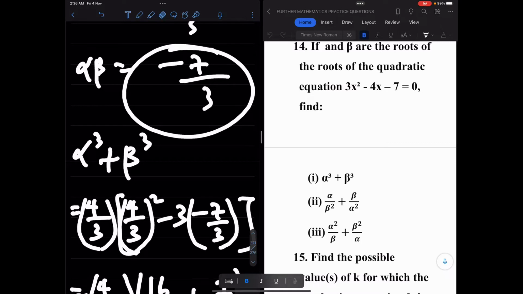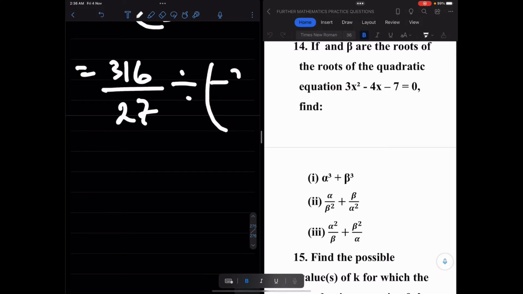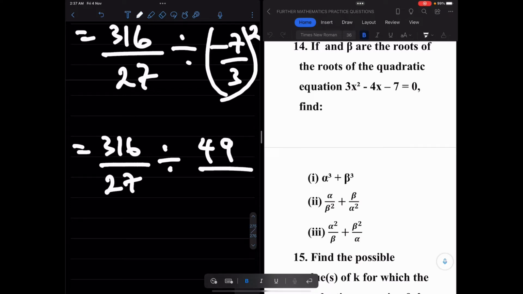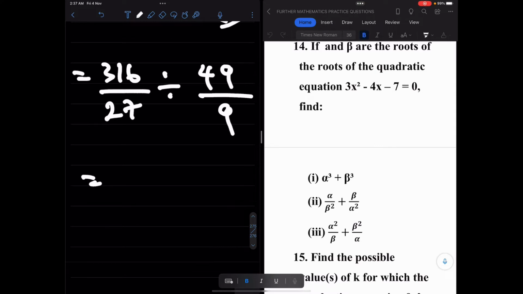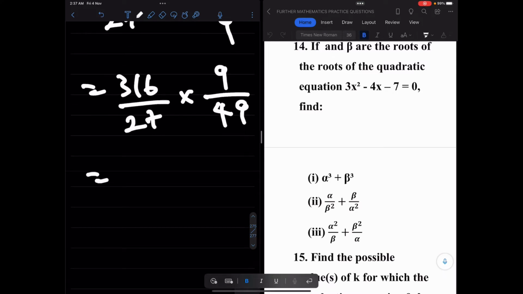So 316 over 27 divided by 49 over 9, and that's going to mean 316 over 27 times 9 over 49.